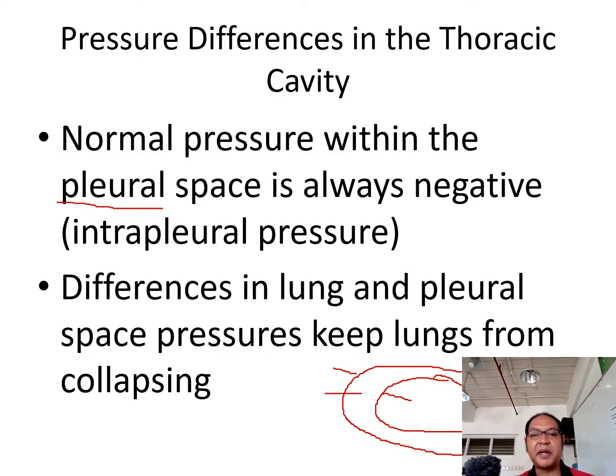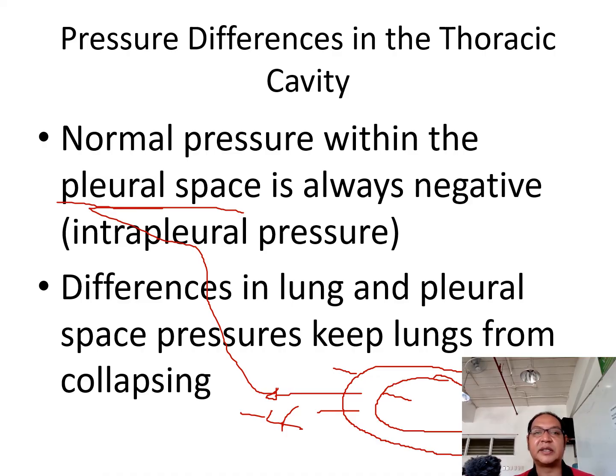The space in between them is called the pleural space. The pressure here is always negative, negative 4 to 0. So always maintain this one negative.